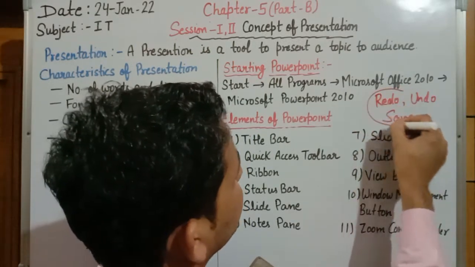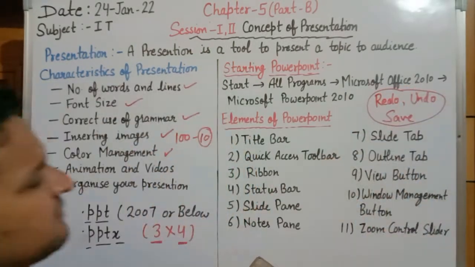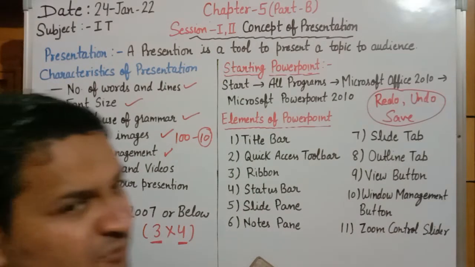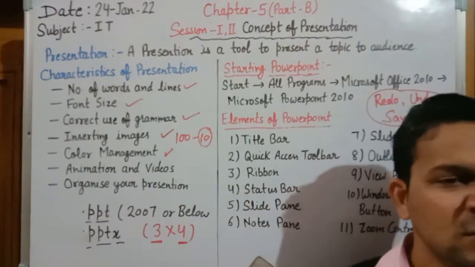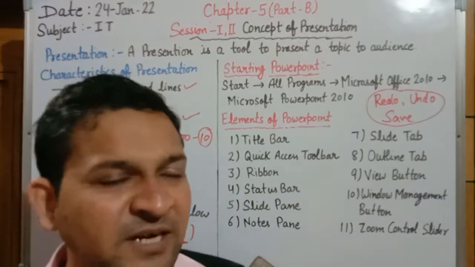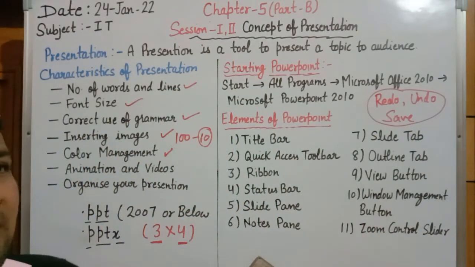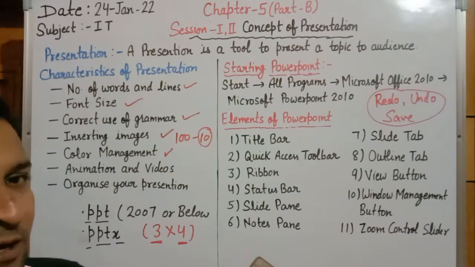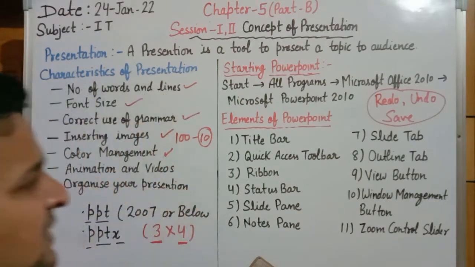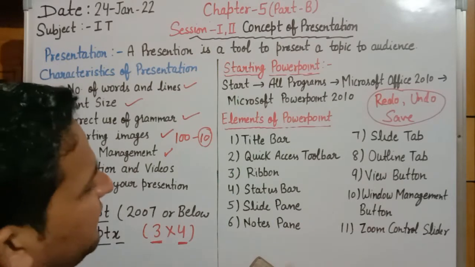These 3 functions are available in the quick access toolbar by default. This question can be asked in MCQ also. Which tool is present in the quick access toolbar? Options will be given: redo, undo, save. Fourth will be all of the above. So the answer will be all of the above. It will help to access your document quickly.